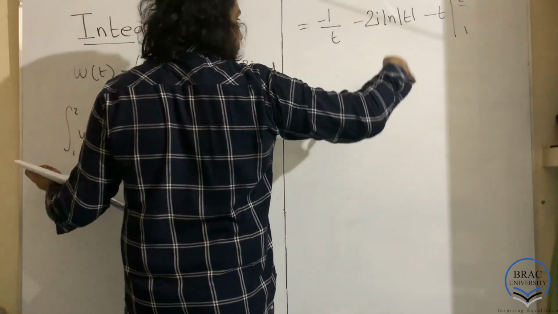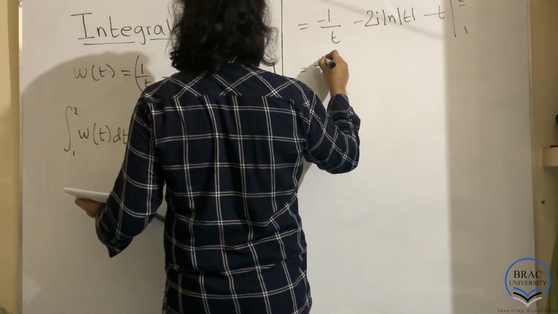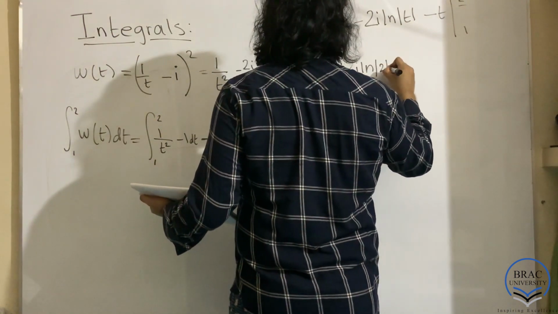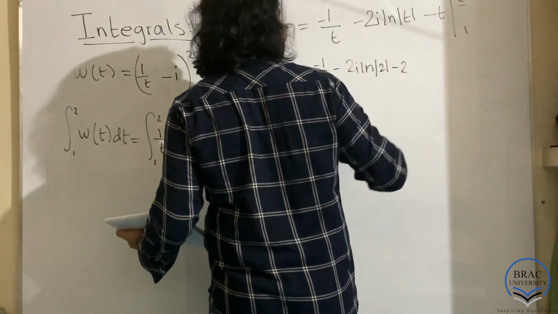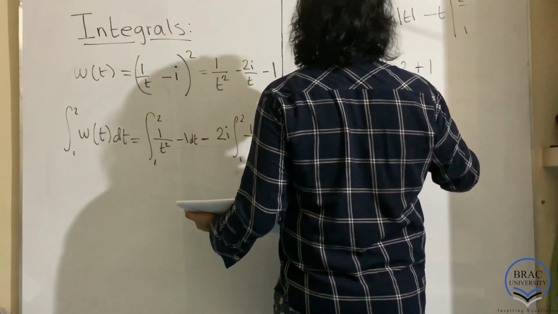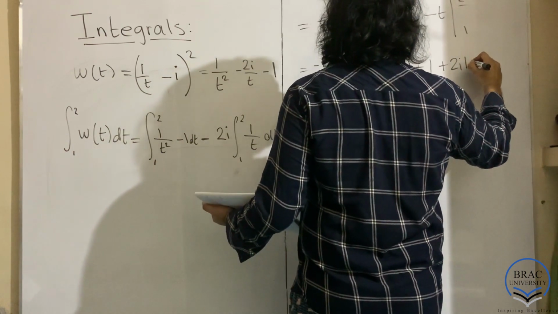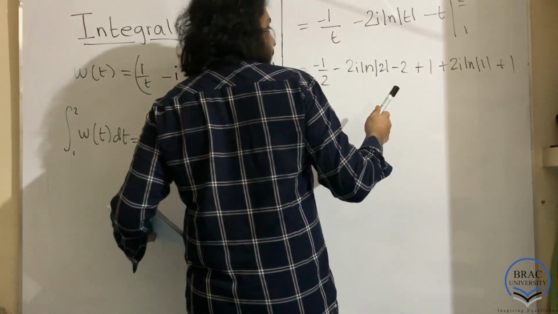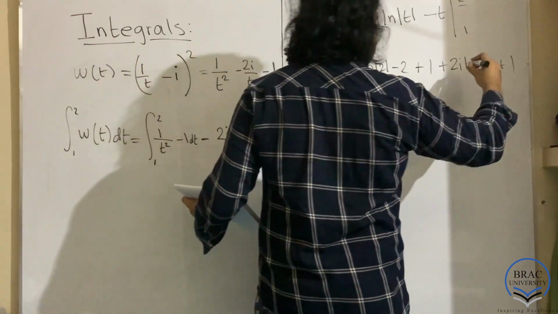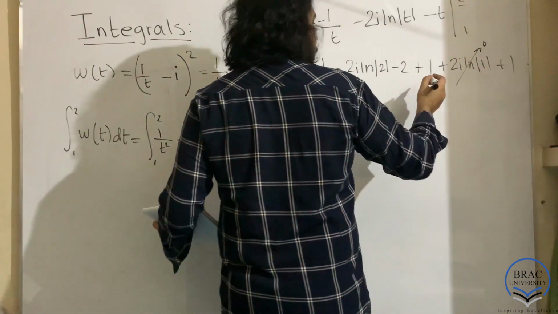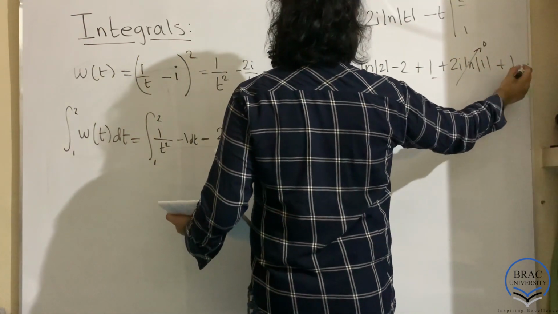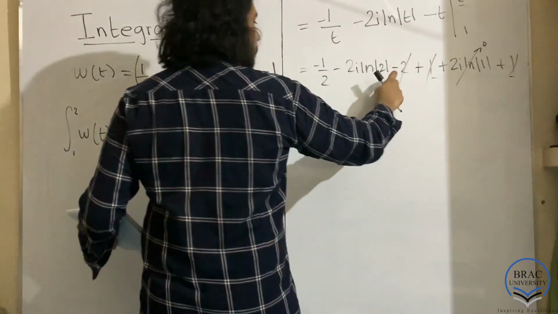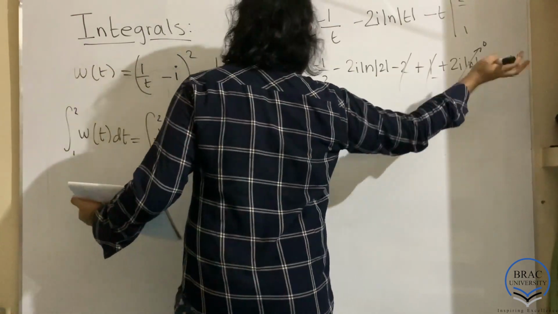Putting in the upper and lower limits, we have minus 1 over 2 minus twice i natural log of 2 minus 2, and then putting in the lower limit, plus 1 plus twice i natural log of 1 plus 1. Now, the natural log of 1 is simply 0, so we can take this to be 0. Then 2 minus 2 is 0, so we can cancel these parts, and minus 1 minus 2 plus 1 is 0.